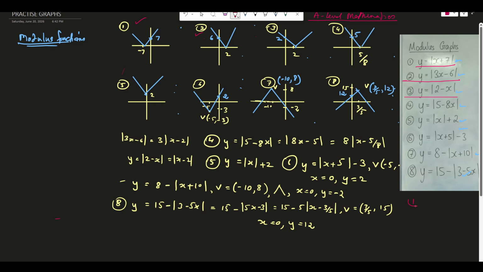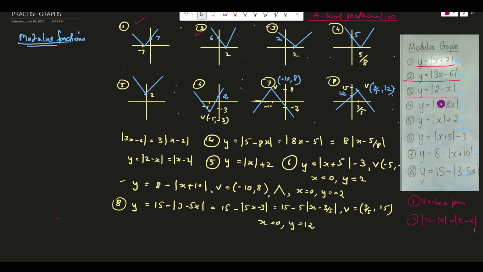First concept is the vertex form that we keep on using. Second concept is modulus of x minus k is equal to modulus of k minus x.